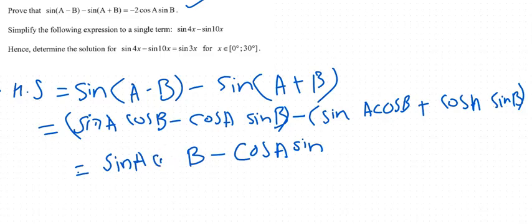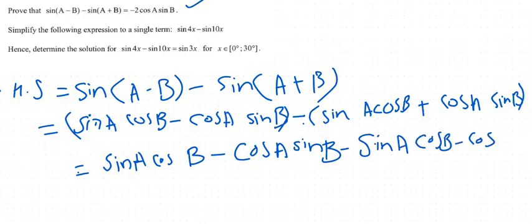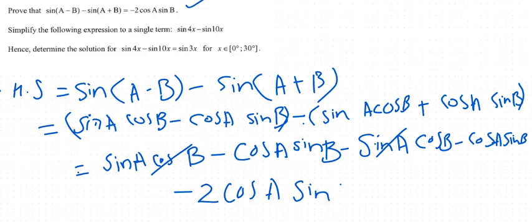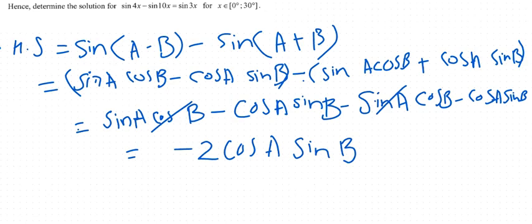All right, so this minus multiplies with this whole term, and we get sine A cos B minus cos A sine B. All right, so this term is going to cancel and we get minus 2 cos A sine B. Okay, so this is the right hand side which we had to prove. So move to the next question.